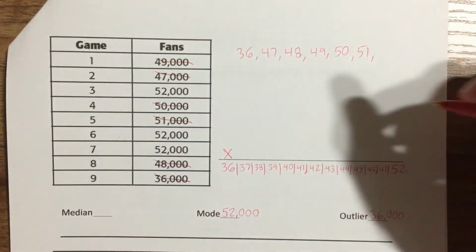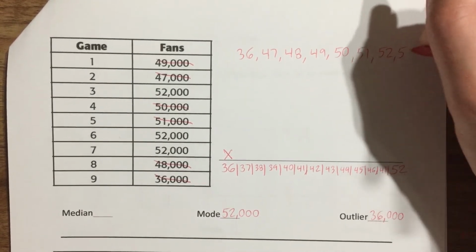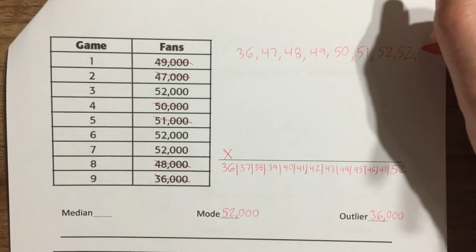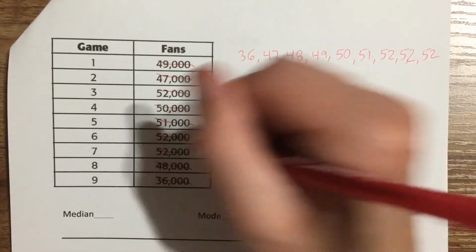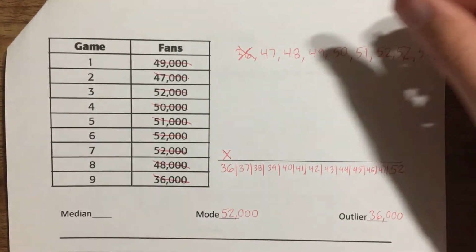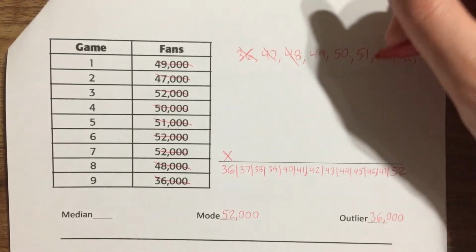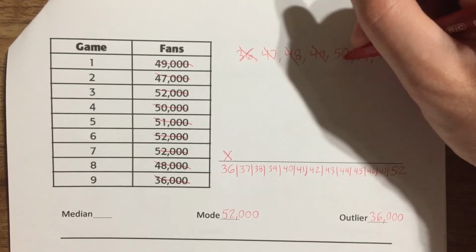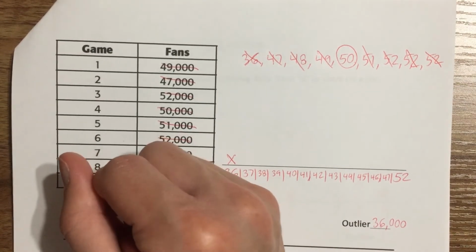And then we have a whole boatload of 52s. We got 3 of them. Okay, so cross them off. And now we can do our median. Cross that off, cross that off, cross that off, cross that off. And we have our number right in the middle, which is 50,000.